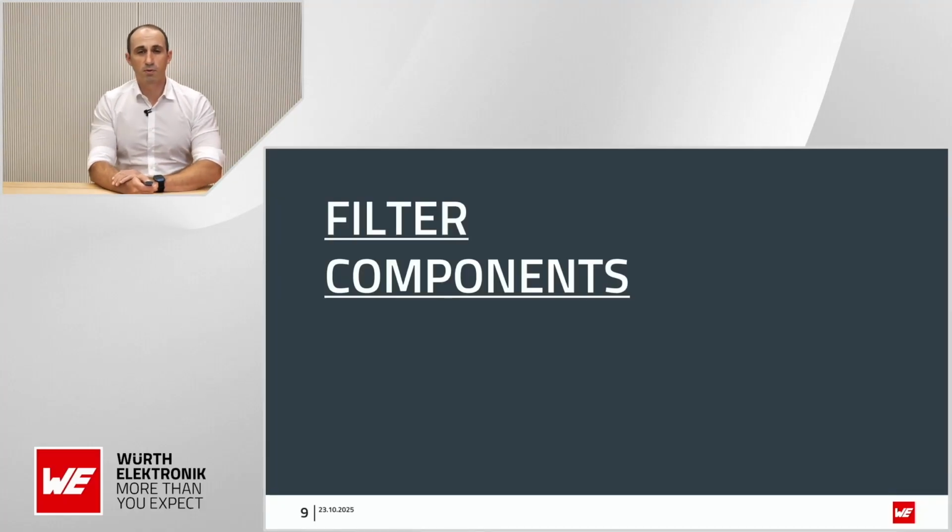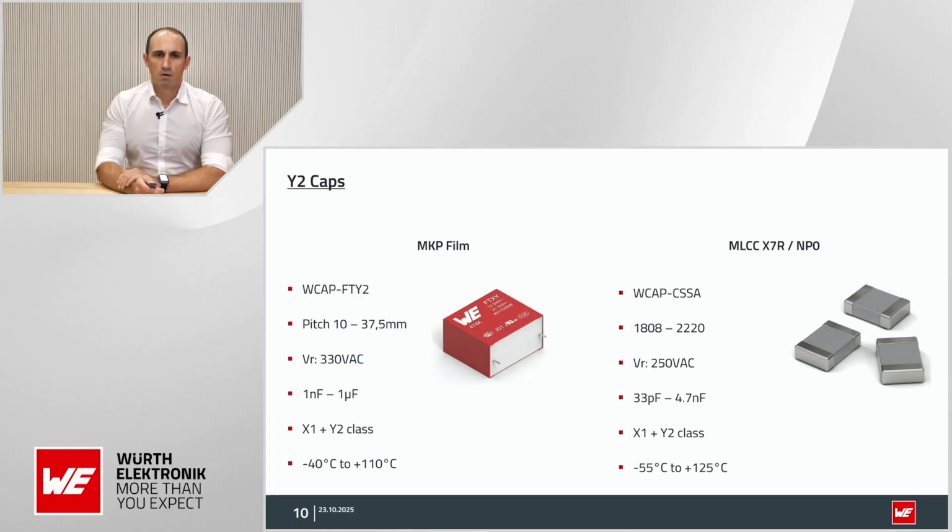What kind of filter components do we need? Of course, we need Y capacitors to filter the common mode against protective earth. You can use film capacitors if you need bigger capacitance. The drawback is the ESL of these components is higher and the high frequency behavior is not that good. But you can choose a wider pitch for bigger creepage and clearance. You can also choose MLCCs with a Y2 rating.